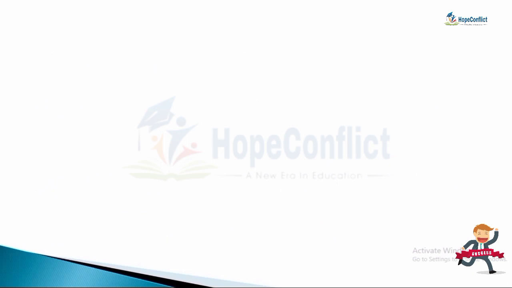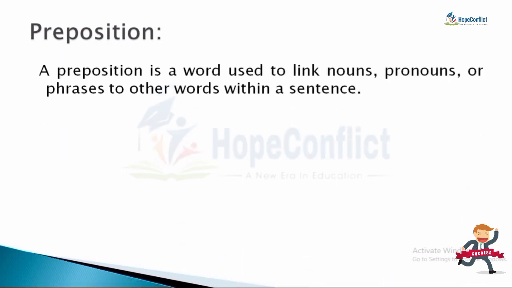Okay, let's go next. It is preposition. Now let's see what is preposition. A preposition is a word used to link nouns, pronouns, or phrases to other words within a sentence. So what does a preposition do? See, in a sentence there are different nouns, बहुत सारे noun, बहुत सारे pronoun हो सकते हैं. तो what a preposition does, it joins your two nouns.